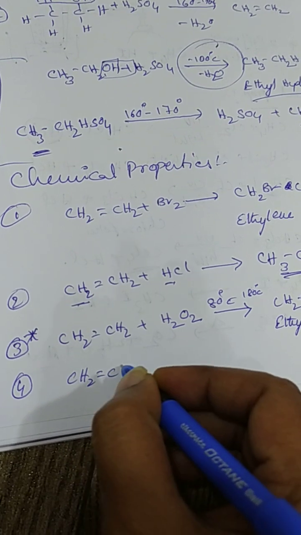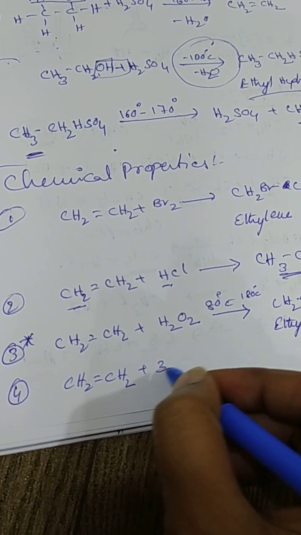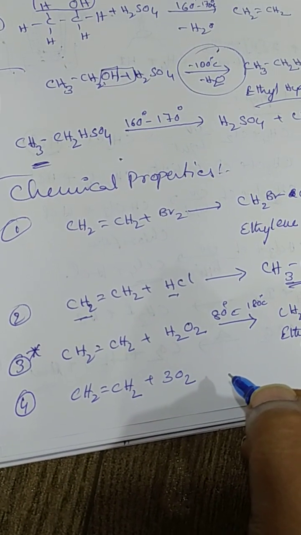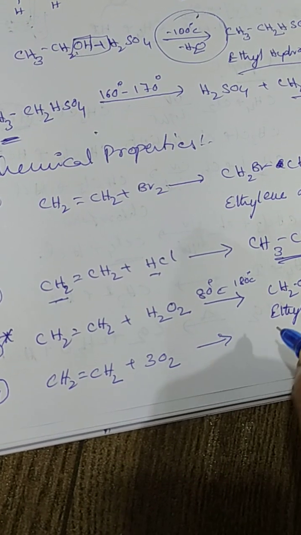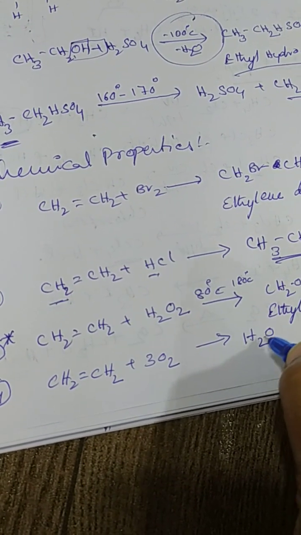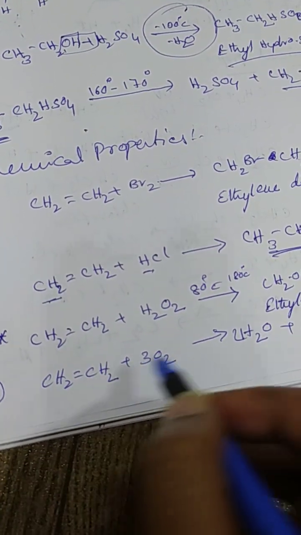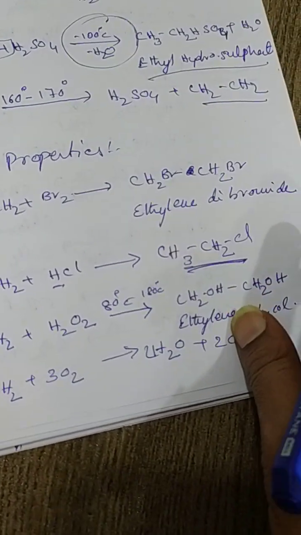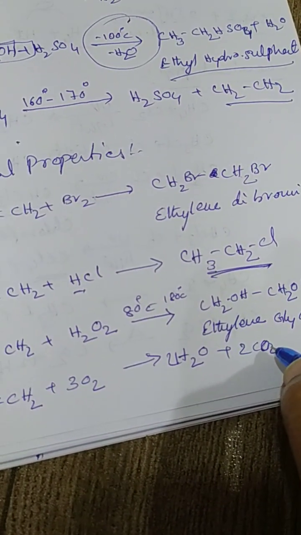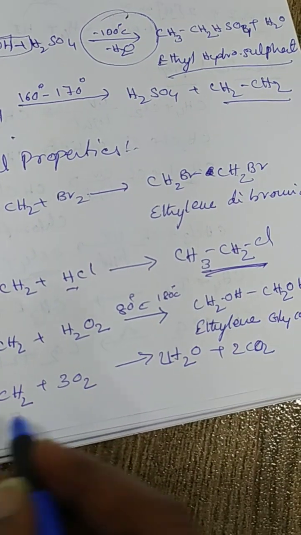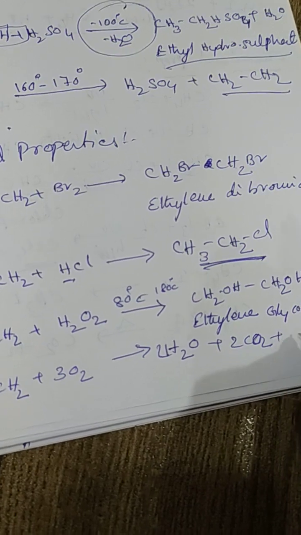CH2 double bond CH2 reacting with 3 oxygen molecules will give 2 carbon dioxide, 2 H2O plus some amount of heat.